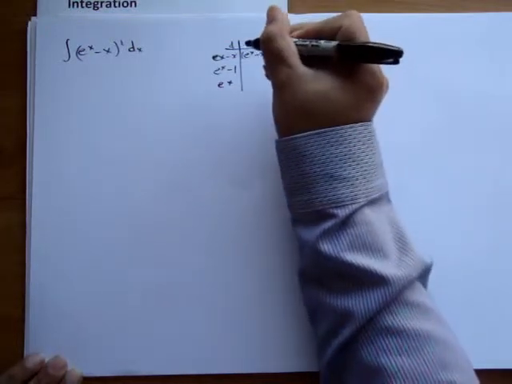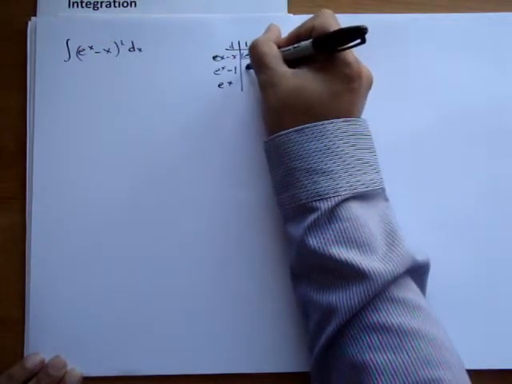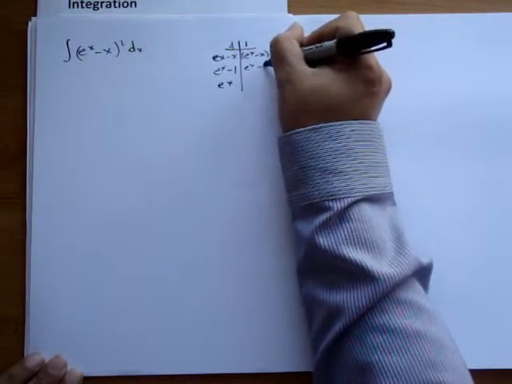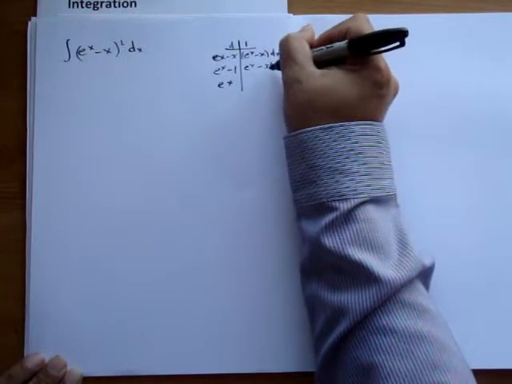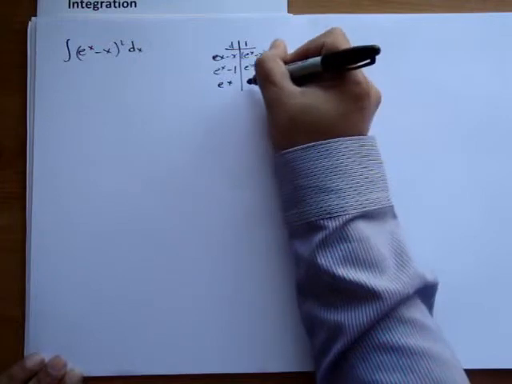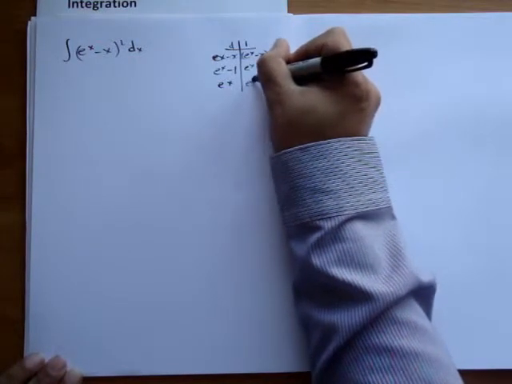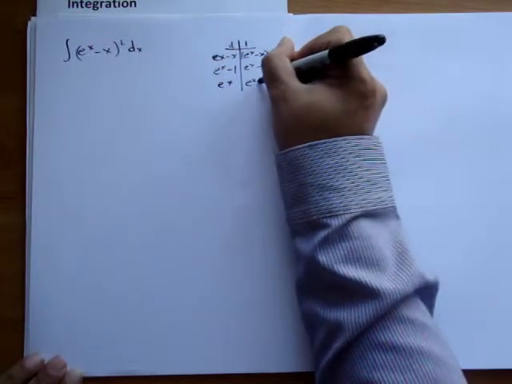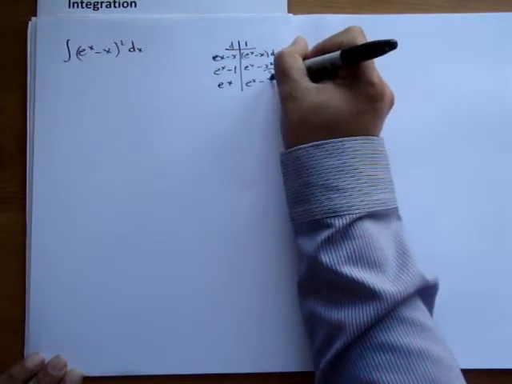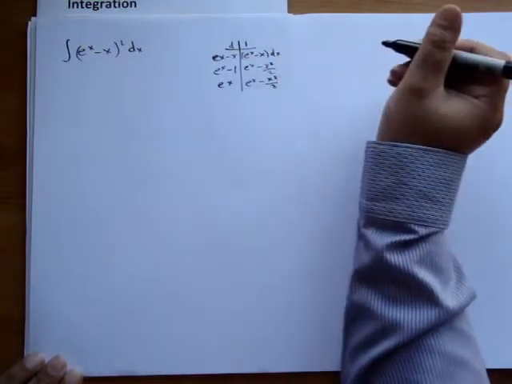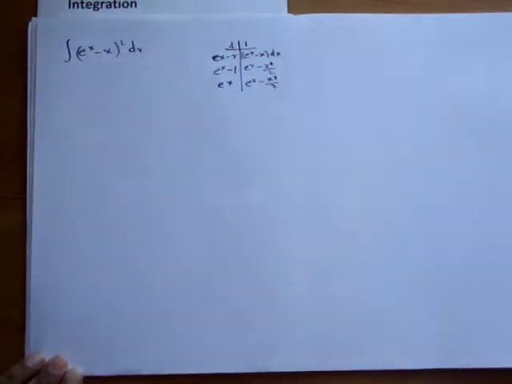This then becomes e to the x minus x squared over 2, and if we integrate that again, that becomes e to the x minus x to the power 3 over 3, and obviously it continues, e to the x, x to the power 4 over 4.